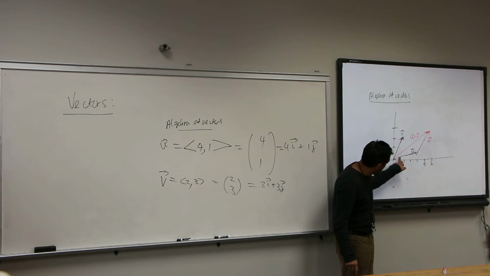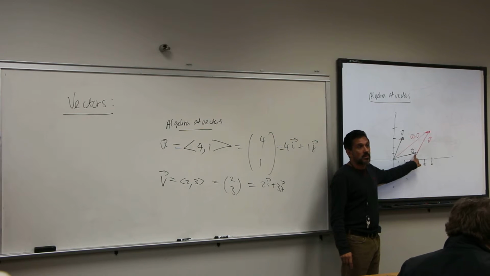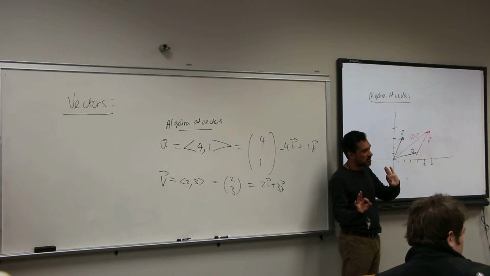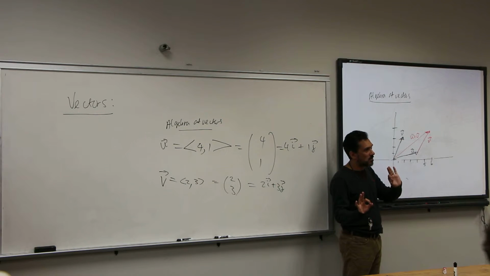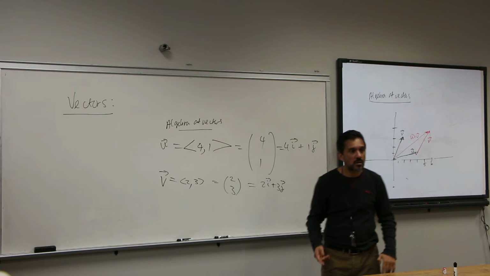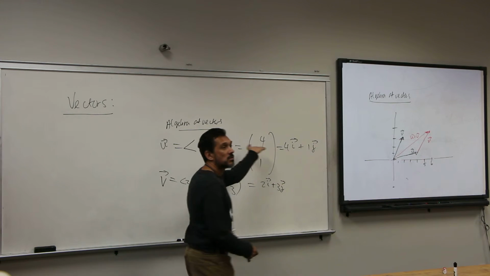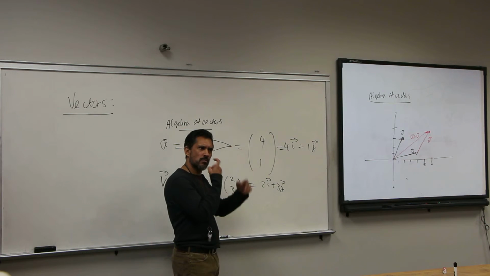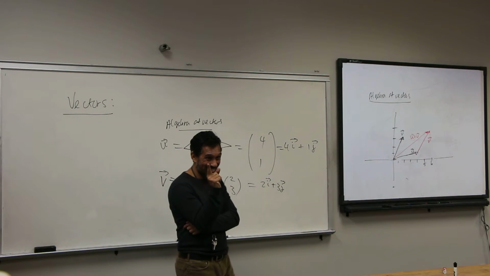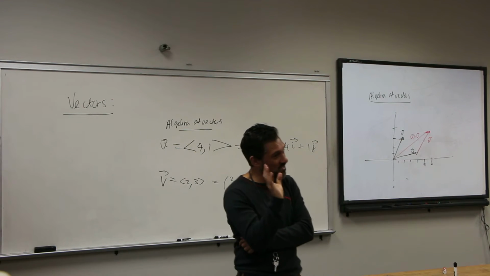He says, I'm talking about that creature there. Do you see that it has a magnitude? I say yes. Do you see that it has a direction? I say yes, different from that direction. He says, where is it here? Now you got me.